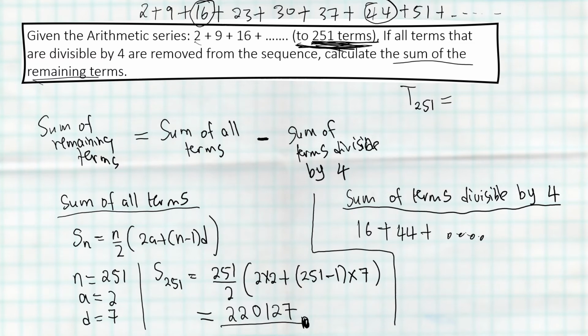To get term 251 from this sequence is going to be a plus 250d, when you use the formula Tn = a + (n - 1)d. So a plus 250d. What is my a? My a is 2. What is my common difference? My common difference was 7, right?